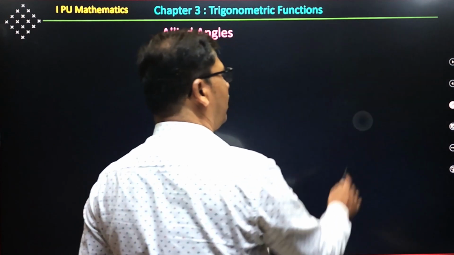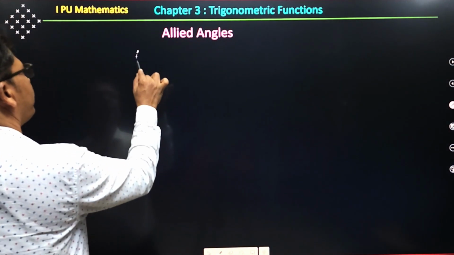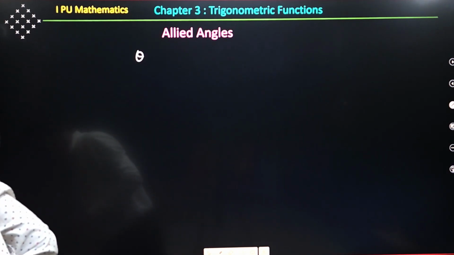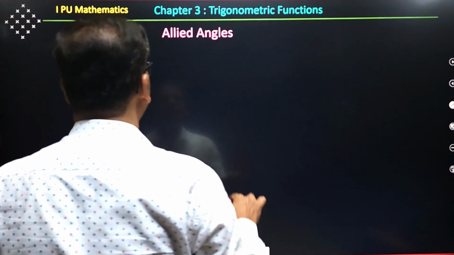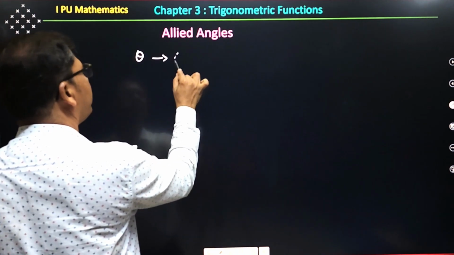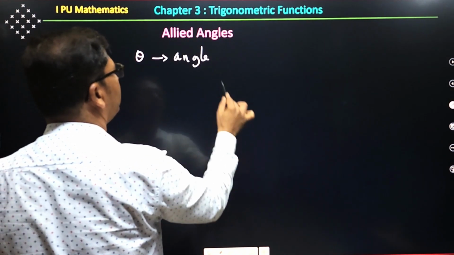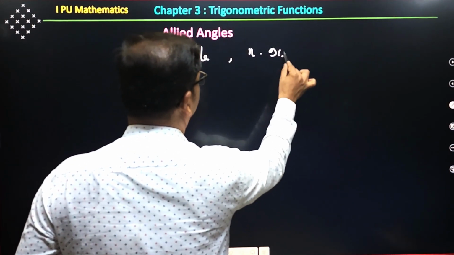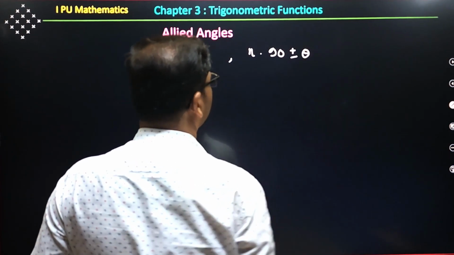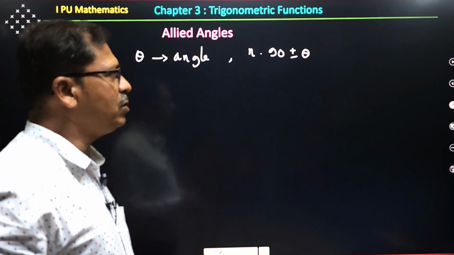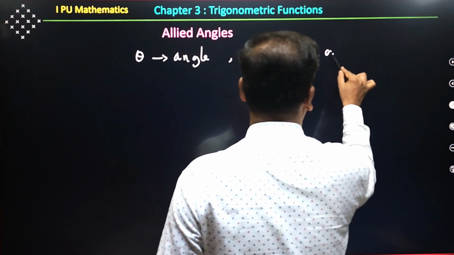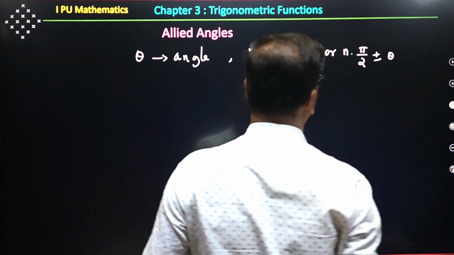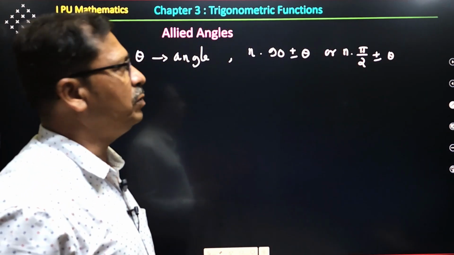If theta is any angle, then the angles of the form n into 90 plus or minus theta, or you can say n into pi by 2 plus or minus theta, are called angles allied to theta.